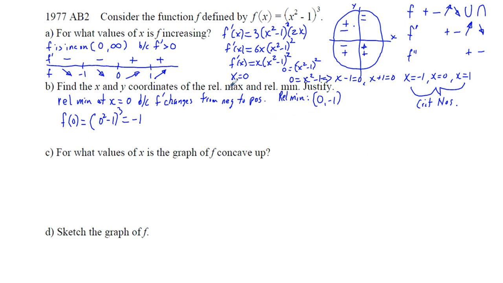And while we're at it, let's find some of these other points. That's our y-intercept, right? Our x-intercepts we can get by setting the original function equal to 0. So we'll say 0 is equal to quantity x squared minus 1 cubed. And if we cube root these, we get 0 is equal to x squared minus 1.